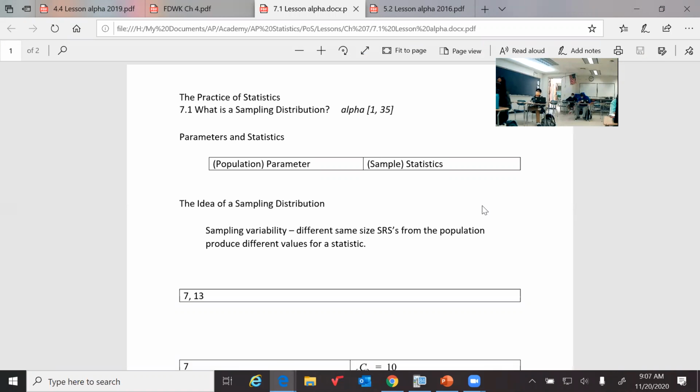Different SRSs of the same size from the population produce different values for the statistic. That's just sampling variability. There's nothing nefarious about that. Okay? So you're going to go to 2 problems. 7 and 13.